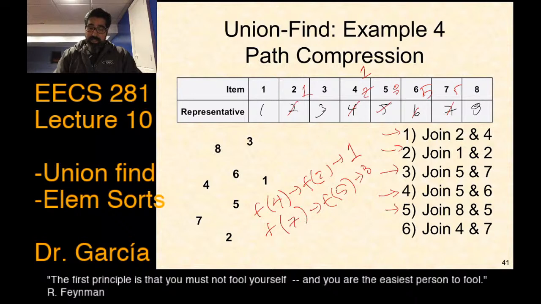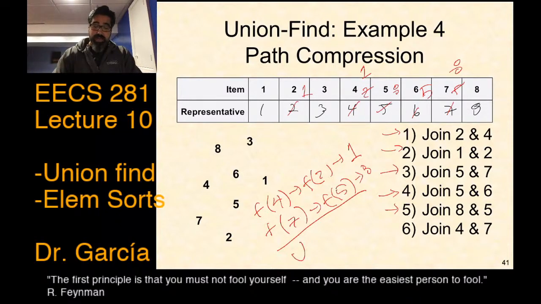And similarly, what I would do right there, right? I haven't even called union yet. I'm still doing finds, right? Find would make sure to update 7 immediately to make its representative 8. Okay?